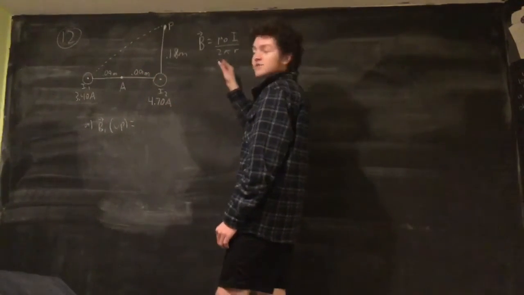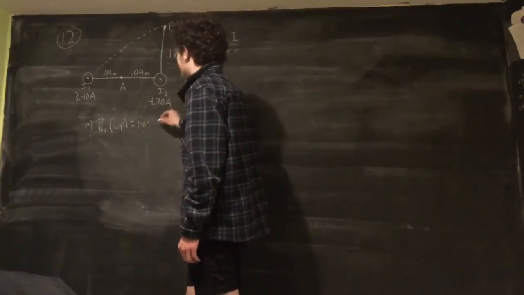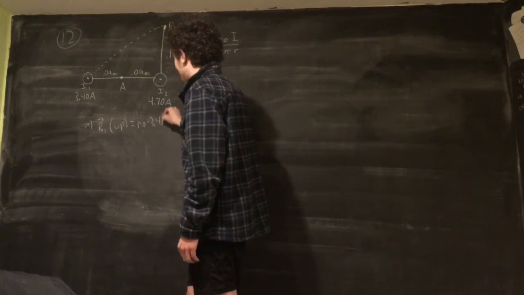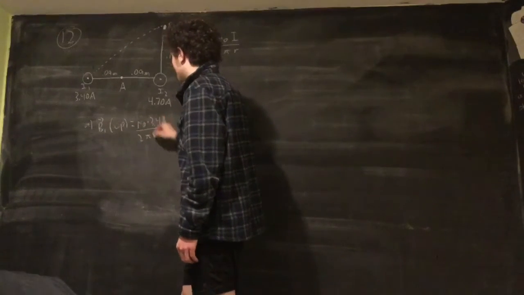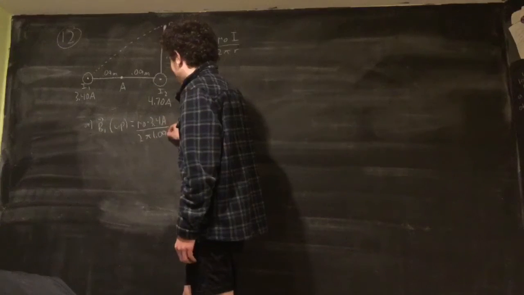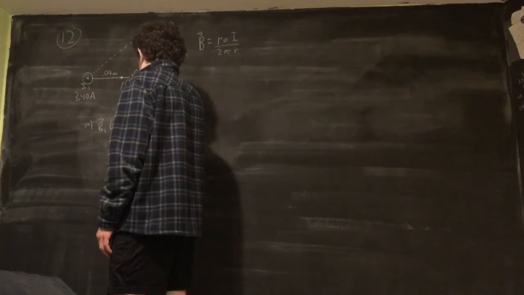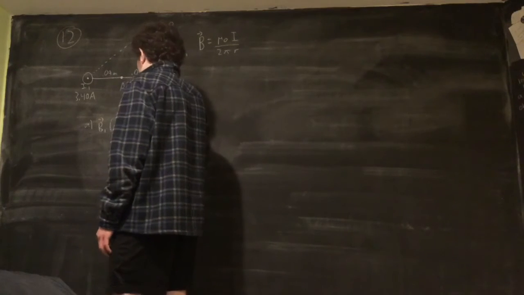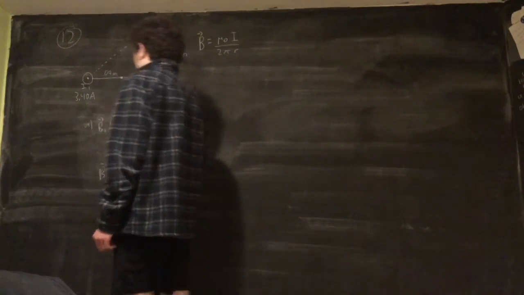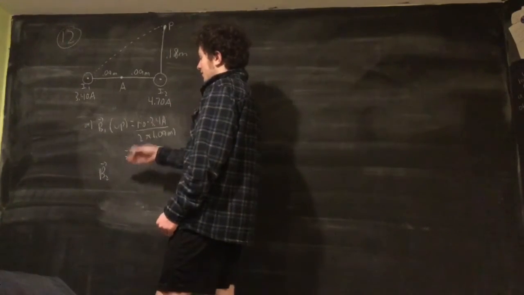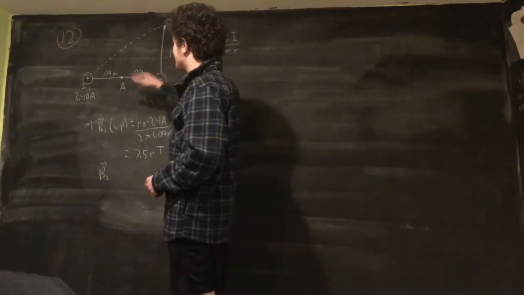Substituting our values into this equation, we have mu naught times 3.4 amps over 2 pi times 0.09 meters. And this has a value of 7.5 microtesla. The magnetic field from wire number 2, noted B sub 2, using our right hand rule, is going to create circles in this direction.